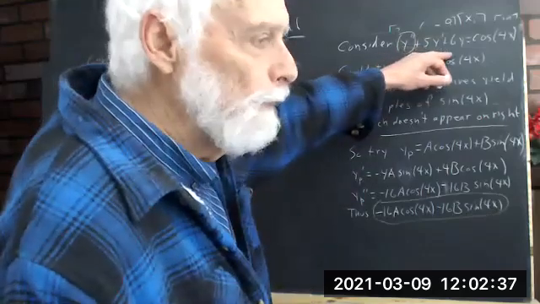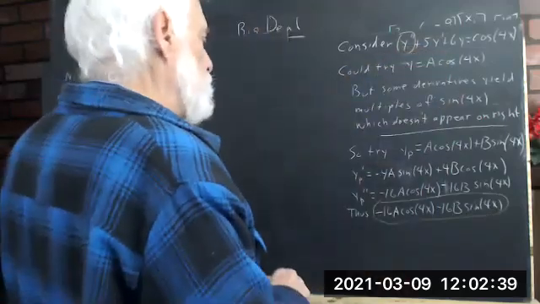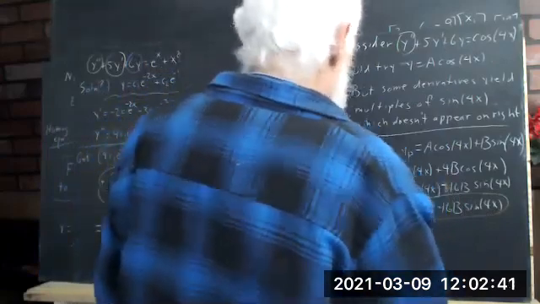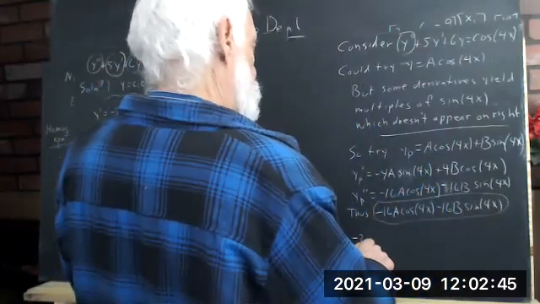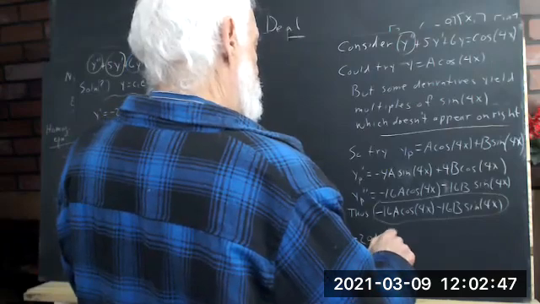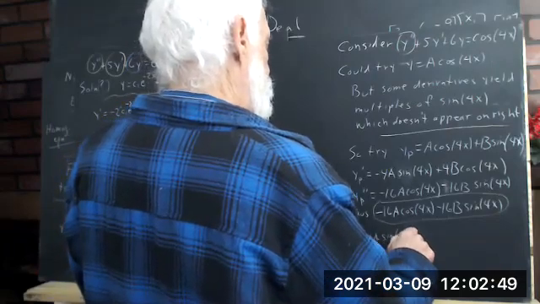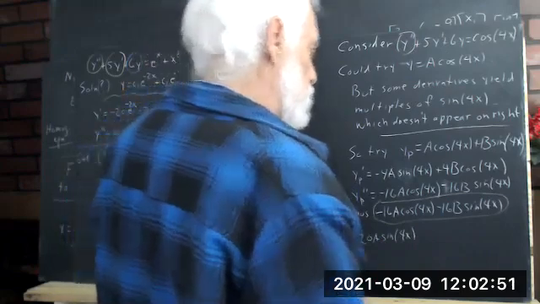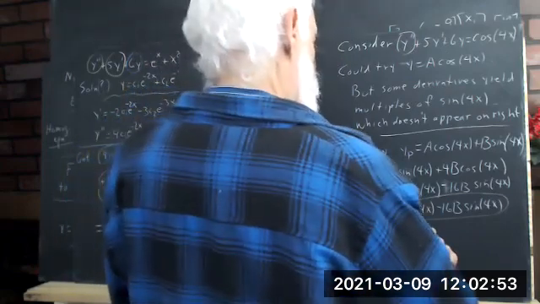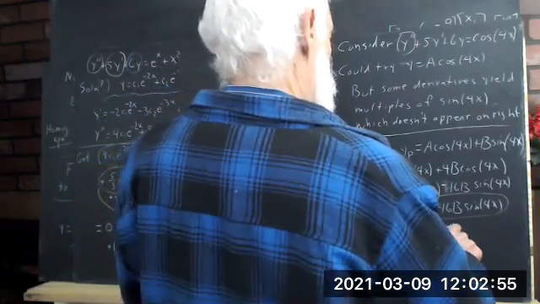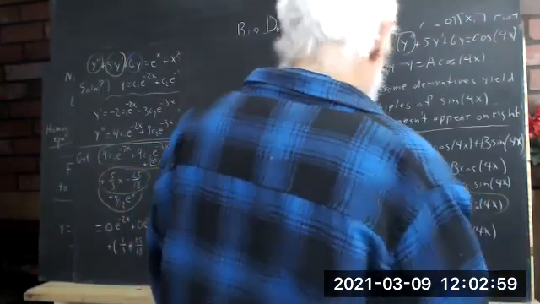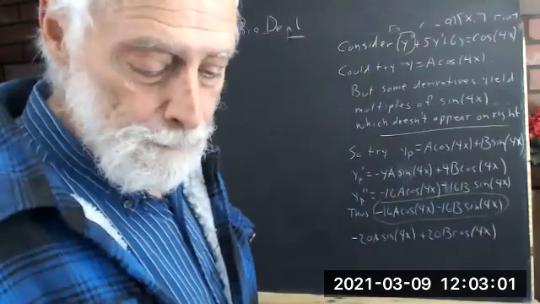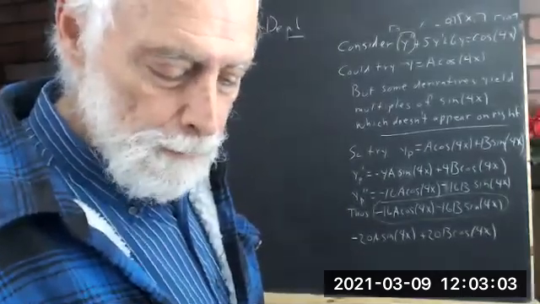And then 5Y prime. Well, take all this and multiply by 5. We get minus 20a sine of 4x plus 20b cosine of 4x. And we'll circle that in a different color.